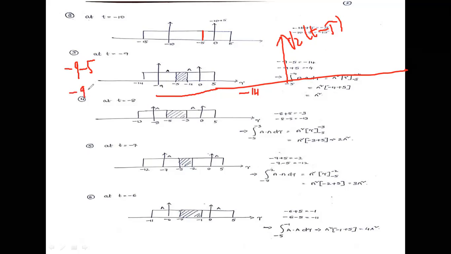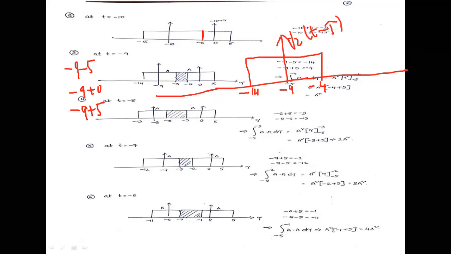And minus 9 plus 0 is minus 9. And minus 9 plus 5 is minus 4. Okay, we got these values.